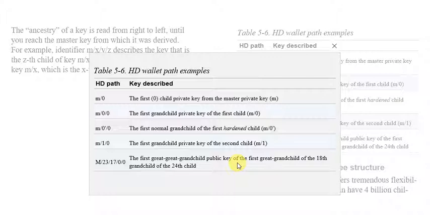M/23/17/0/0: the first great-great-grandchild public key of the first great-grandchild of the 18th grandchild of the 24th child.